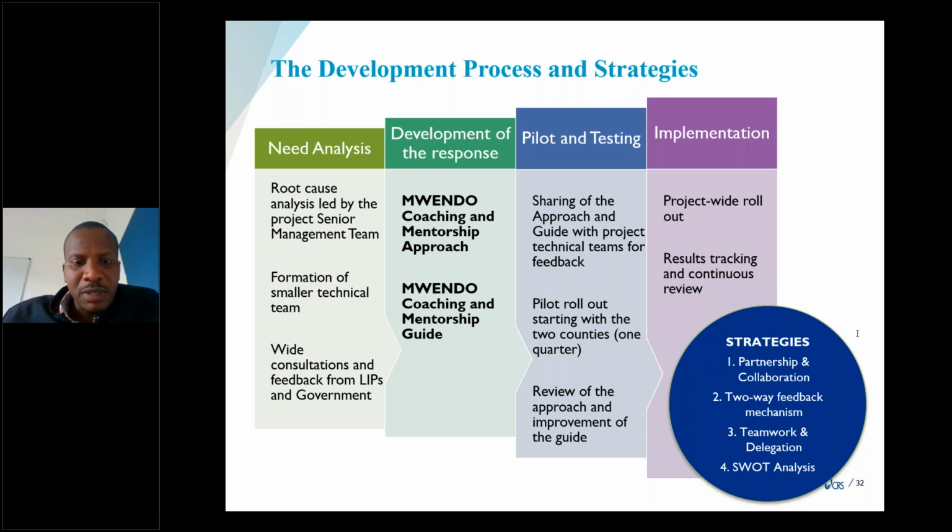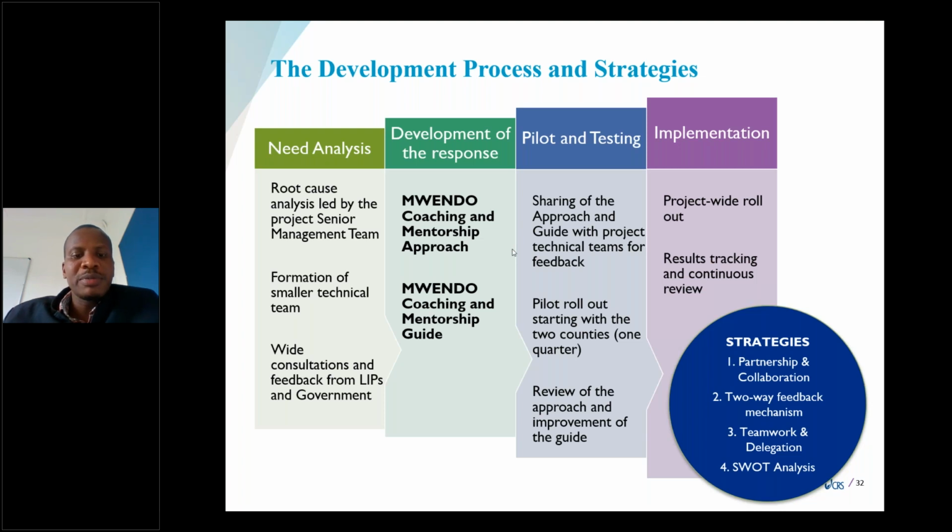Yeah, so I wanted to walk us through the processes of developing our strategy and our mentorship and coaching guide. One of the things that we did was a needs analysis. That was to analyze the root causes that led to our paraprofessional social workers and social workers not being strengthened enough.